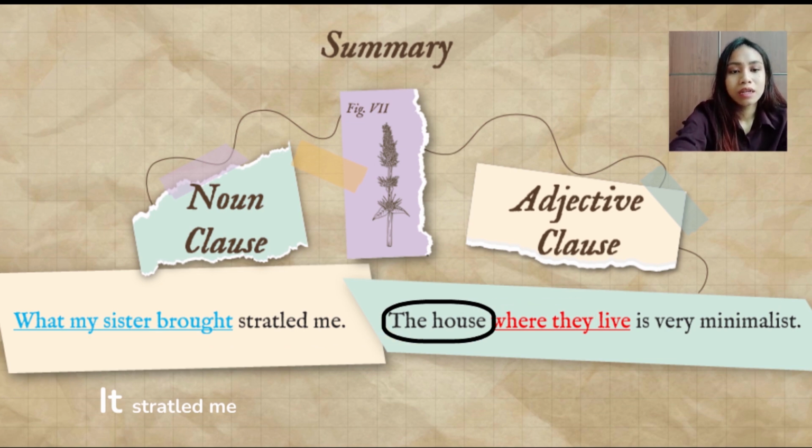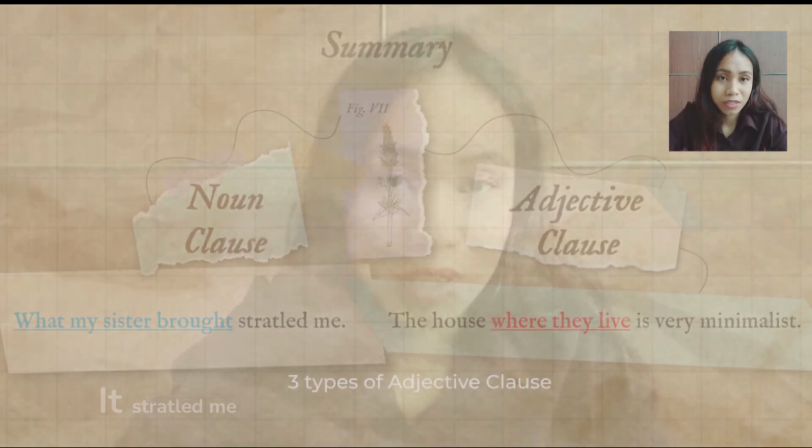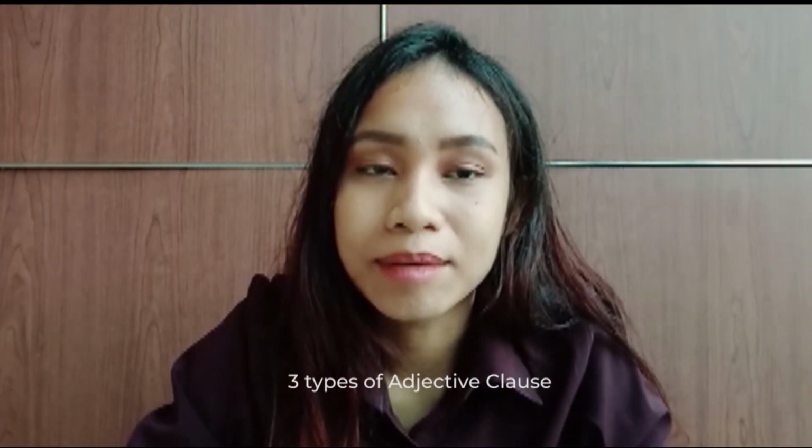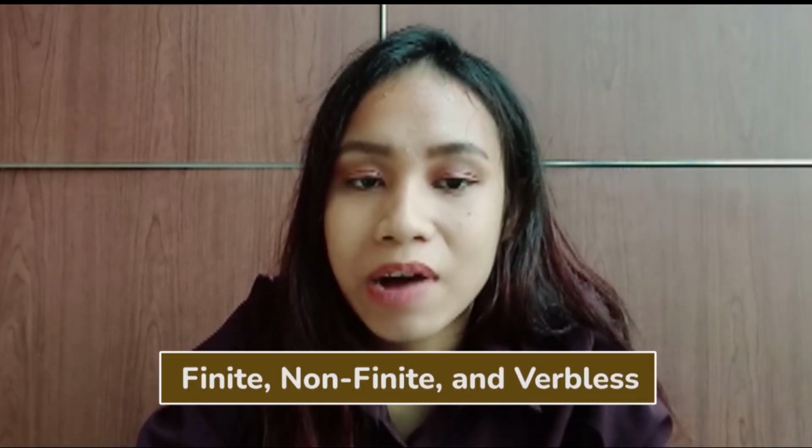Adjective clauses consist of 3 types, which are finite, non-finite, and verbless. The finite can stand on its own. The non-finite cannot stand on its own, while the verbless usually has no verb element at all.